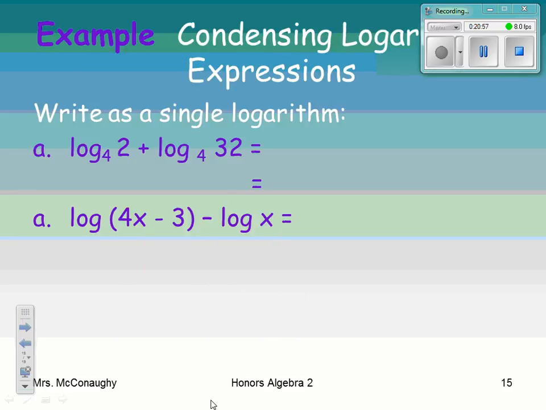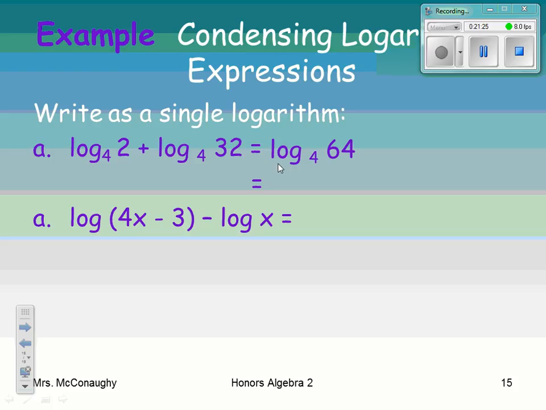Okay, so condensing these logs and writing them as a single logarithm. Let's go backwards. Remember, we said that addition and multiplication are inverses of each other. So if I were going to squish log base 4 of 2 and log base 4 of 32 together, it is addition now, but when we squish it together, I'm going to multiply them.